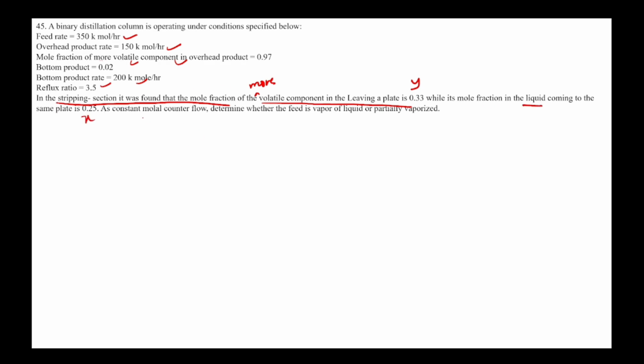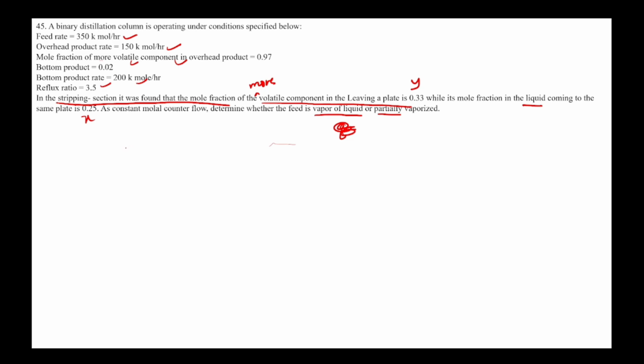At constant molar counter flow, determine whether the feed is vapor, liquid or partially vaporized. So we have to find the value of Q, whether it is superheated, saturated, or liquid plus vapor.